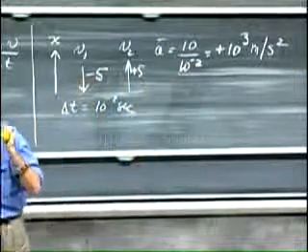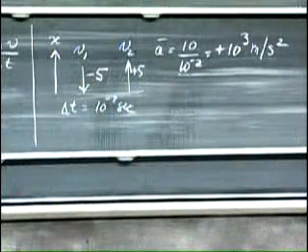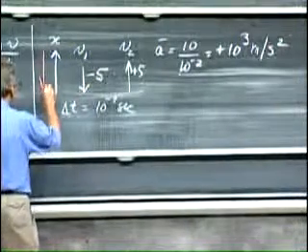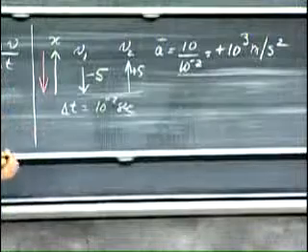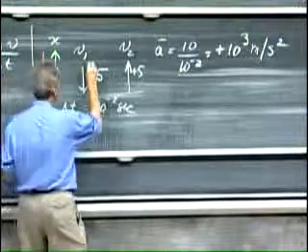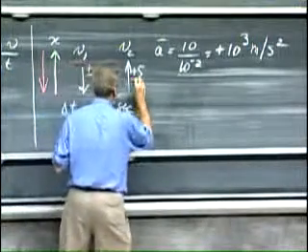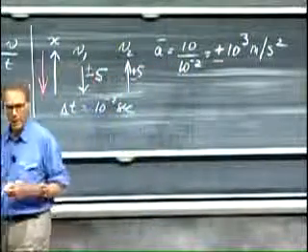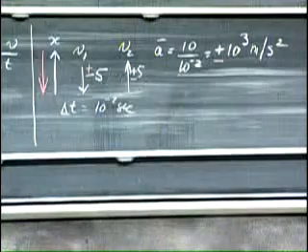I have observed carefully the signs. If now I say, aha, I don't like this, I want to call this the value of increasing x, no big deal. This will become a plus, this will become a minus, and then the acceleration is minus 1,000 meters per second squared.